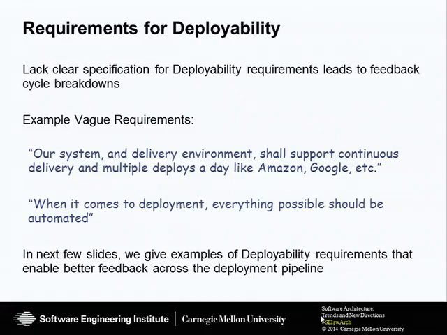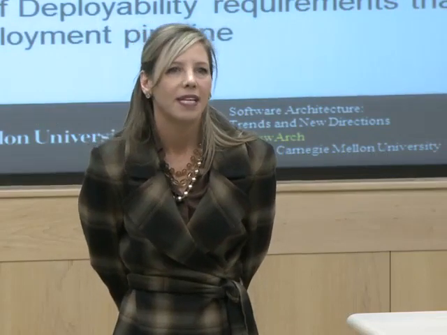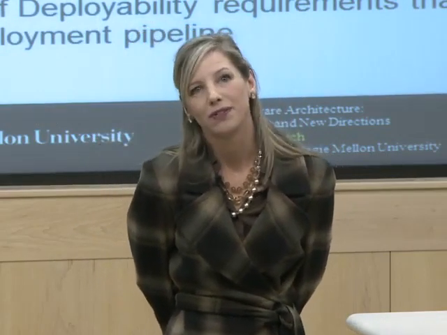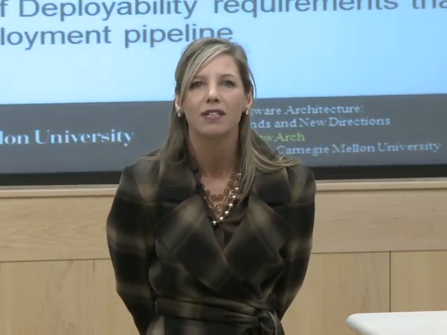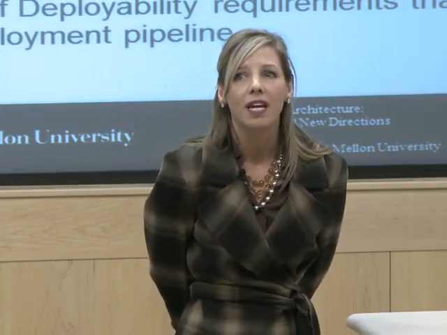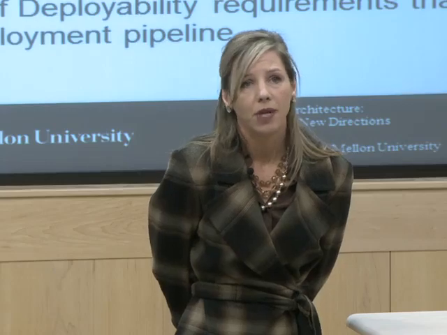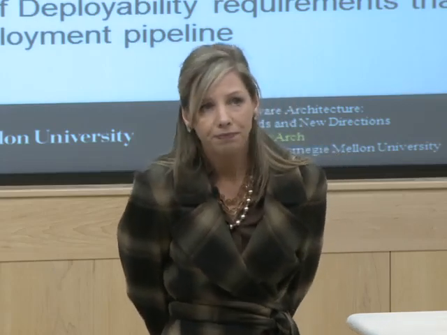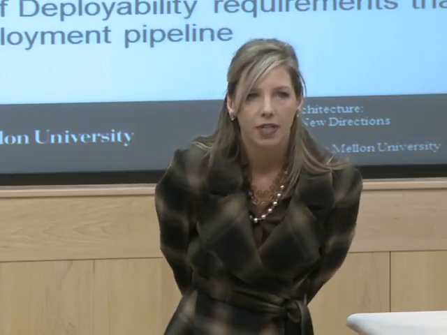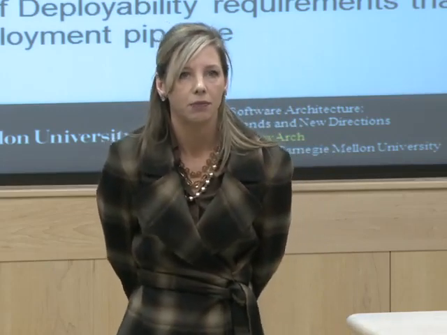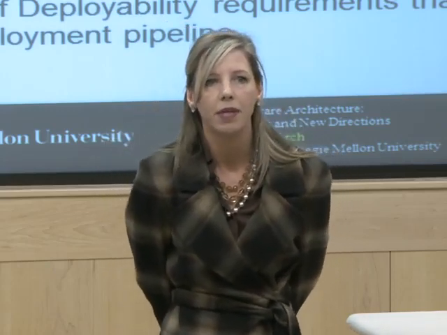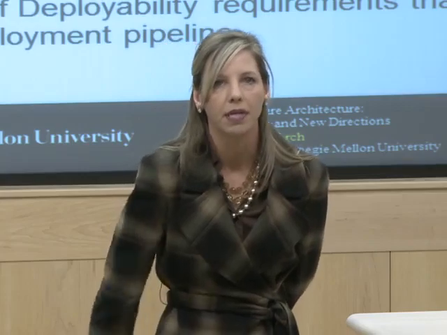First of all, I don't necessarily agree with that statement, but in addition to that, I would say that's also a very difficult thing to measure. We can't get concrete, we can't make design decisions to make sure that we enable those feedback loops, and we can't make process decisions very well around that either. So in the next few slides, we give examples of deployability requirements that enable better feedback across the deployment pipeline.